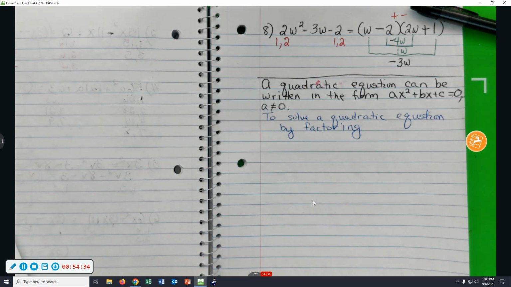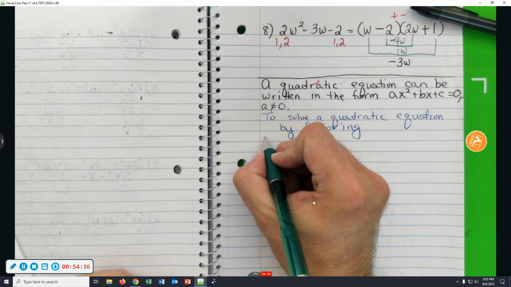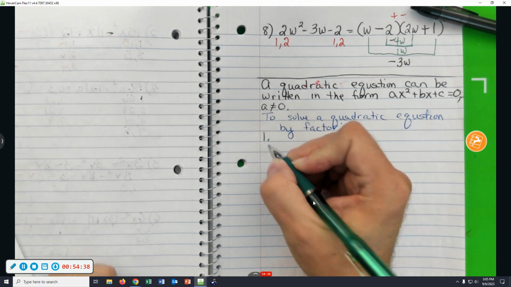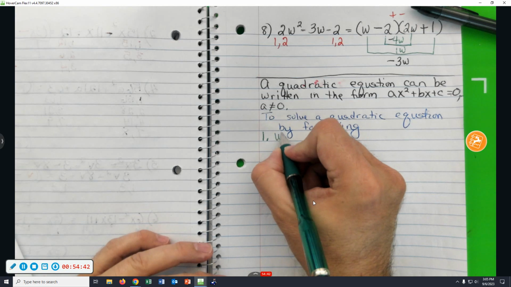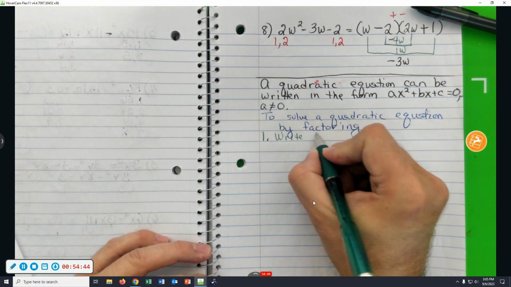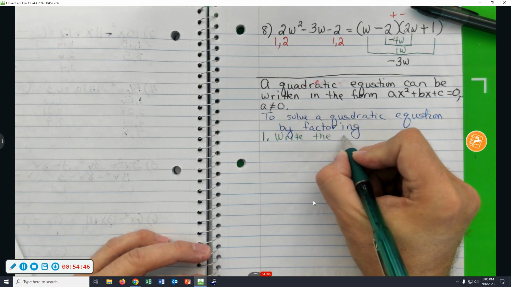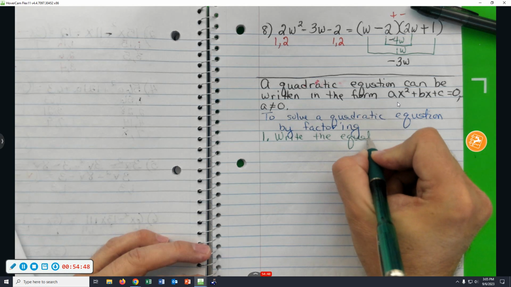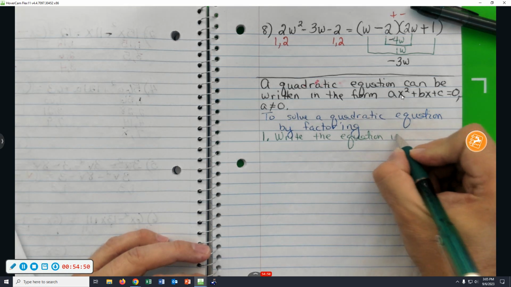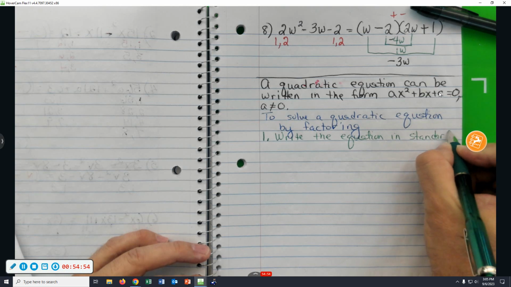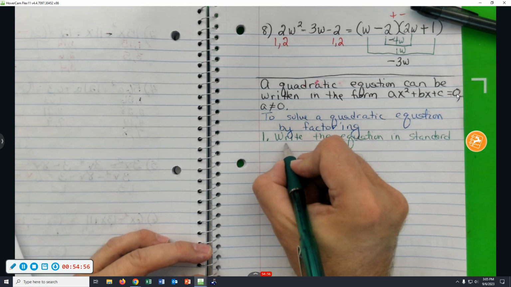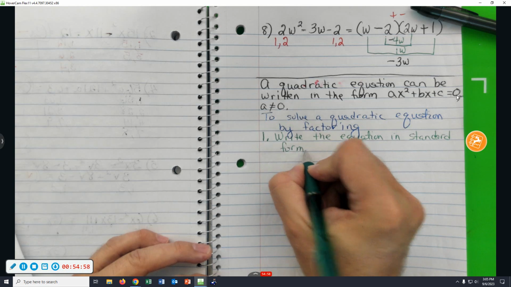It's a 3-step process. Step 1 might already be done for you: write the equation in standard form. That means descending order on one side based on the exponents: x squared, x, and no x. You must have 0 on the other side.